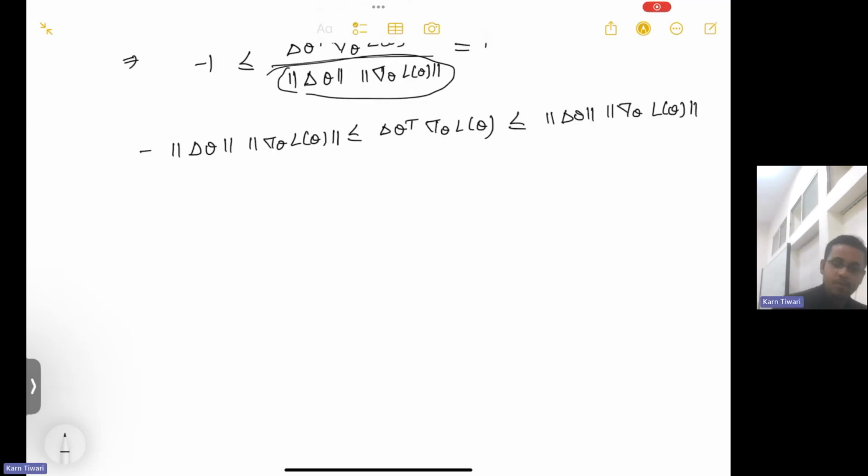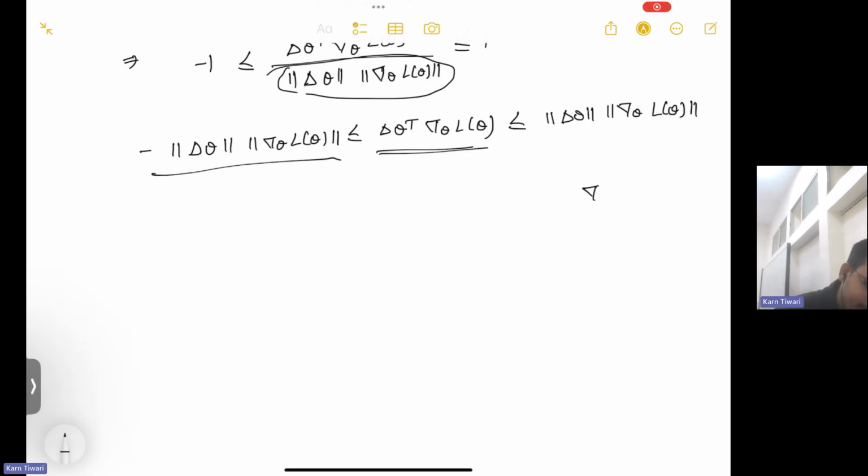Now we have the upper bound and the lower bound. As I mentioned, we want to minimize this quantity. It will be minimized when the two vectors are in the same line but in the opposite direction.